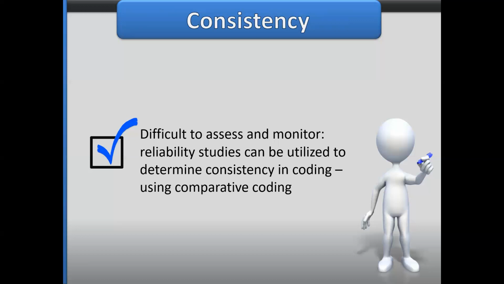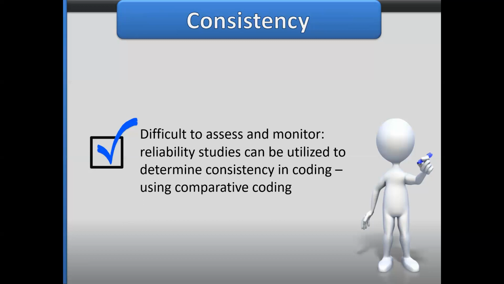Coding consistency can be difficult to assess and monitor. Registries may never attain 100% consistency in coding. However, studies can be helpful in achieving high levels of consistency. Comparative coding is one way to monitor consistency.